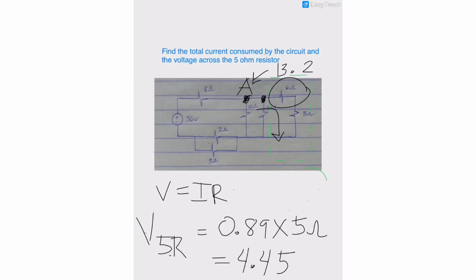So what this means is, if you put a voltmeter across the 5 ohm resistor, you should be able to read this voltage, 4.45 volts. There you have it.